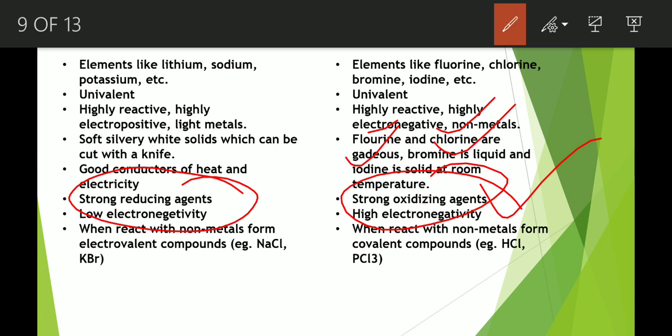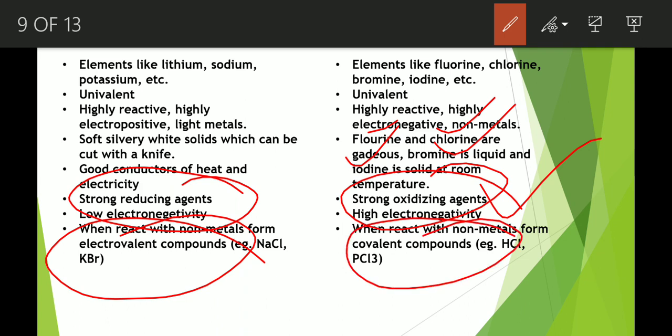So that's why it is a strong reducing agent. Whereas chlorine is accepting 1 electron so as to achieve octet. So that's why it is a strong oxidizing agent. Clear? And when alkali metals react with non-metals, they form electrovalent compounds. And when halogens react with non-metals, they form covalent compounds.